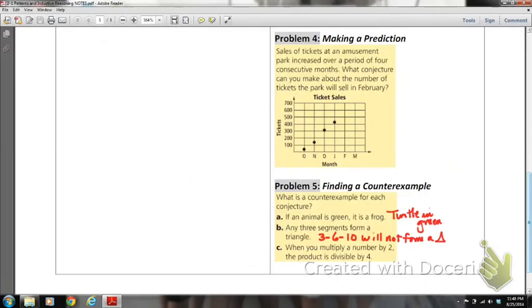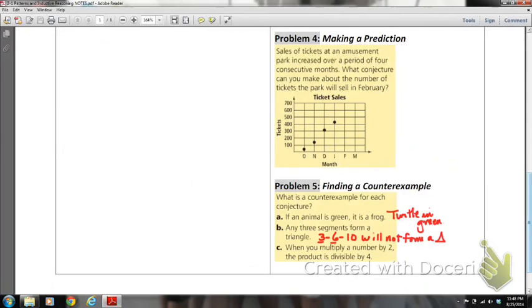We will learn later that the sum of the lengths of any two sides of a triangle has to be greater than the third side. So here, 3 and 6 add together to be 9, and 9 is not greater than 10. So there's no way that those three sides could form a triangle.